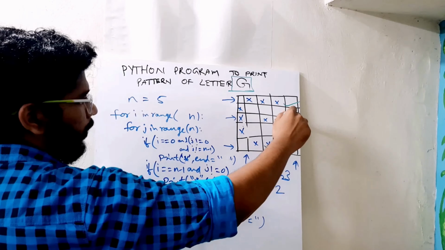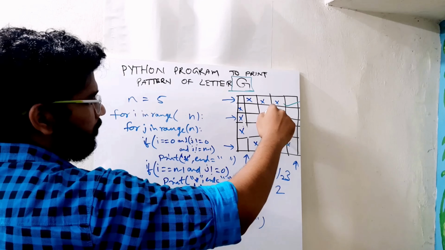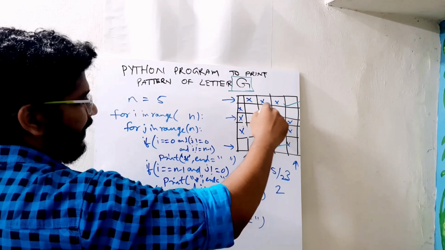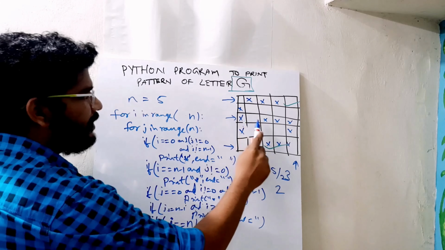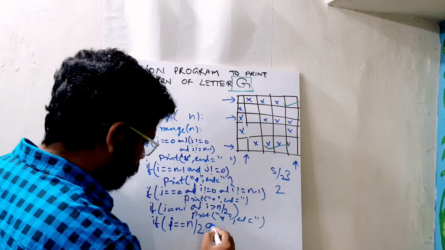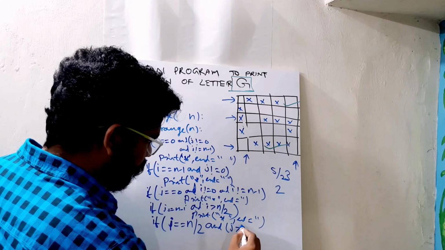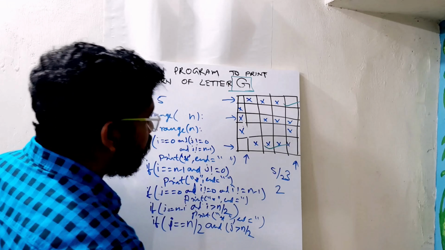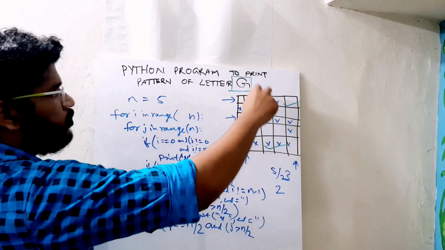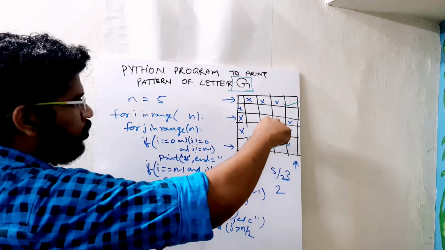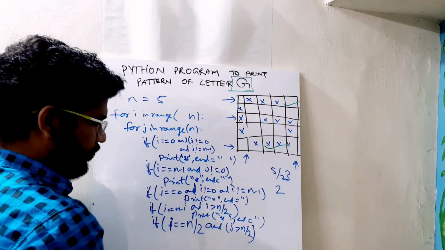This is the row equal to n by 2, and here j should be greater than n by 2. j is the column, so this column should be greater than n by 2. So that's it. This is the condition.